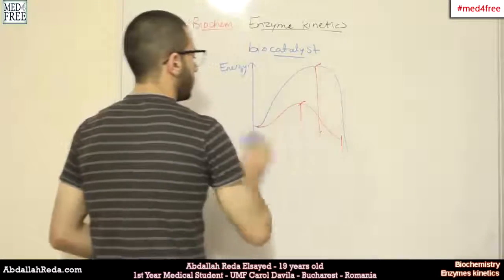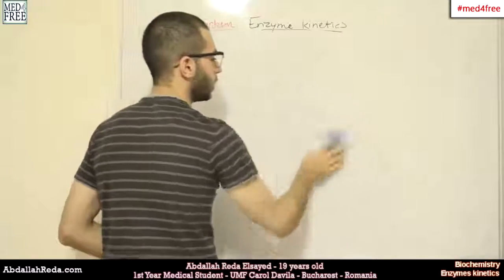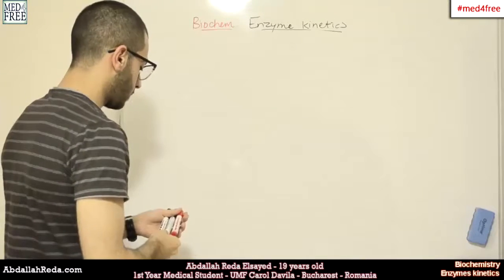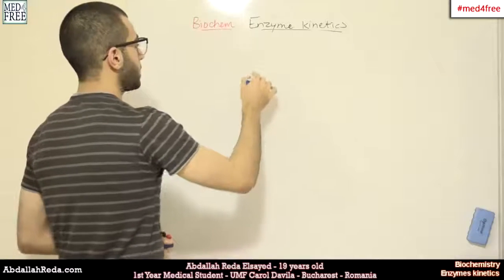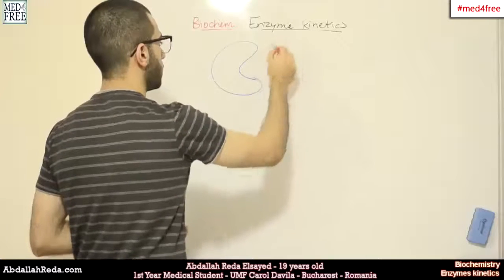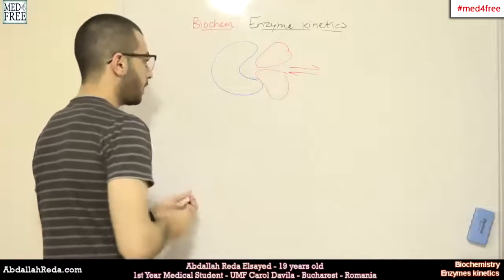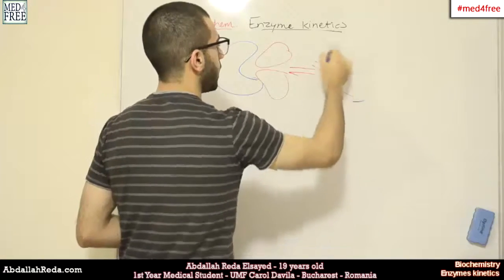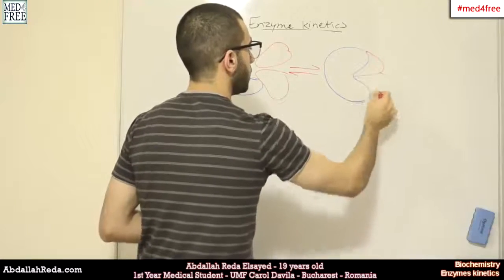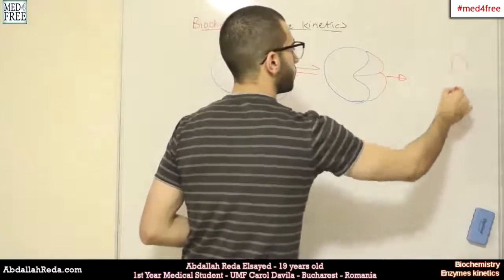Now, how do enzymes work? Well, we have a common model that we will base the kinetics on that we're going to talk about today. And this is very simple. If we have an enzyme like this, and we have the substrates, then they combine with each other in an intermediate state, which is unstable, and then they give us a product.